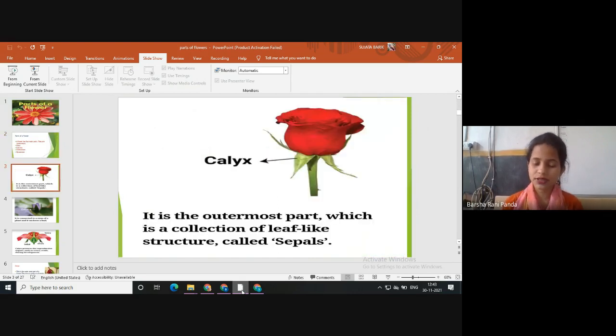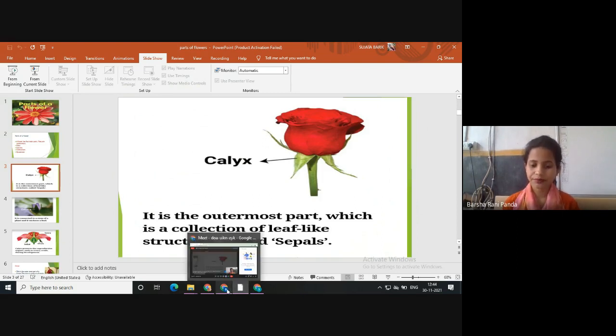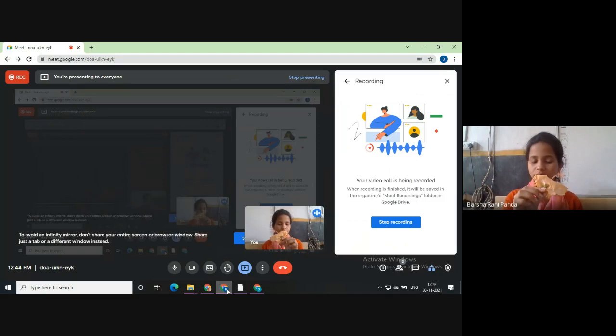So here as you can see, the calyx is the outermost part of a flower, which is a collection of leaf-like structures that are called sepals. So what is this? This is a flower and this is a bud.